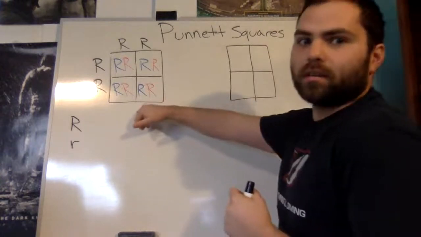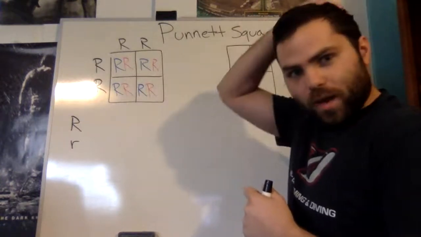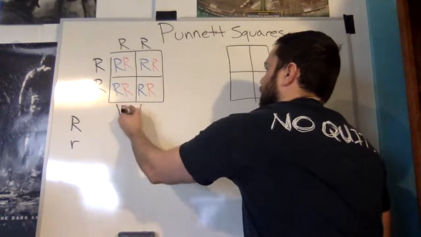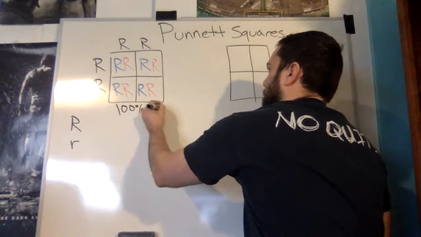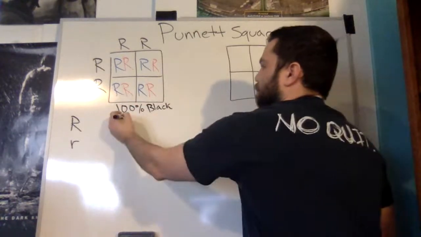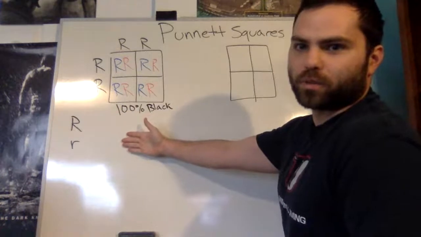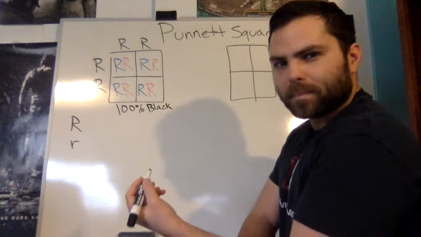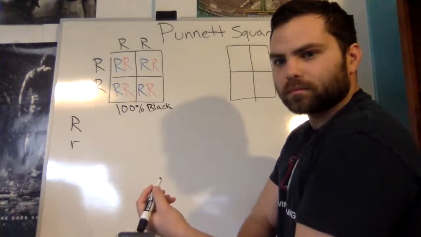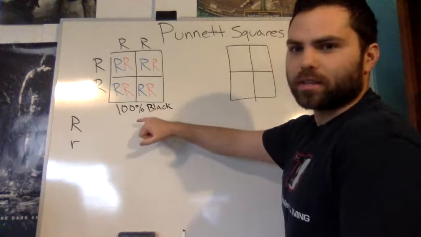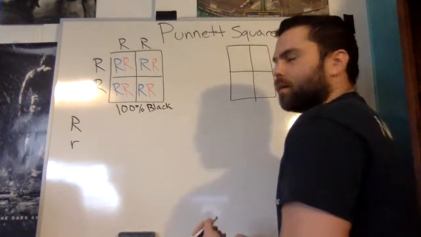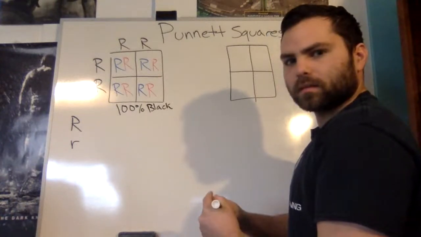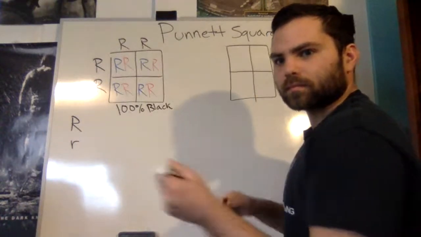So our dominant gene is black hair, because most of us do have black hair, okay? So you're going to have 100% chance black hair, but since 100%, what's your % chance that you're going to be blonde? If it's 100% chance that you're going to have black hair, what's it going to be blonde? Zero. Good.